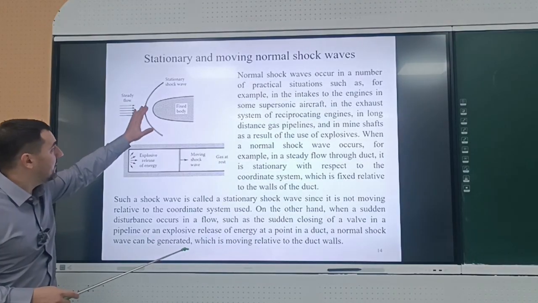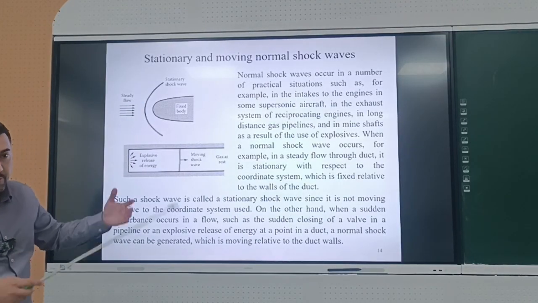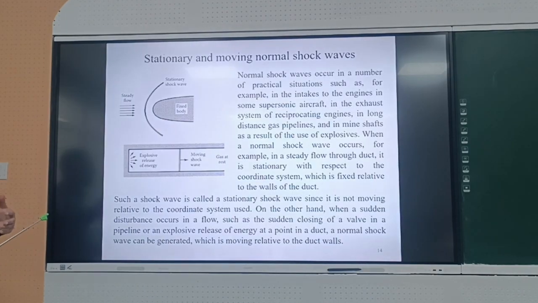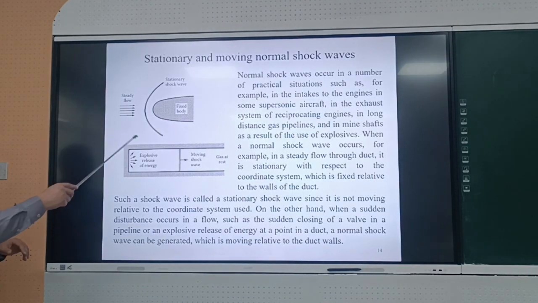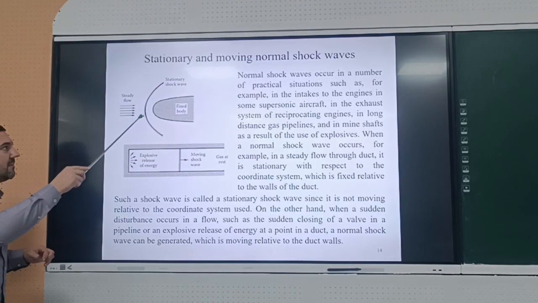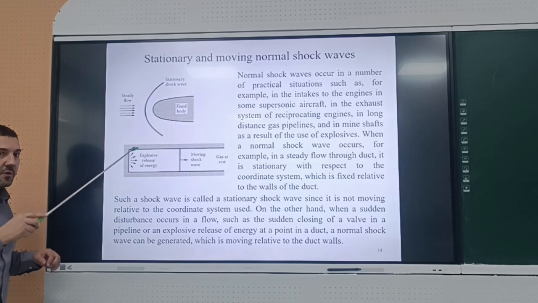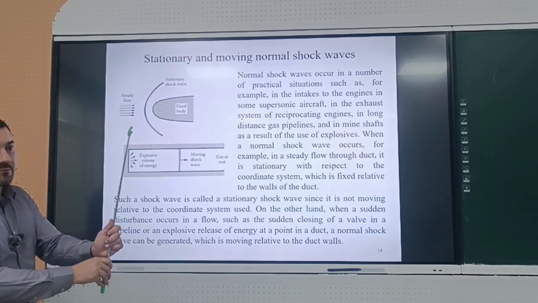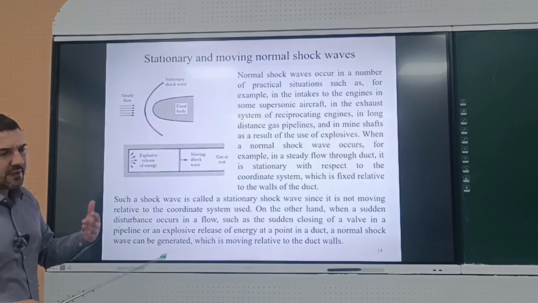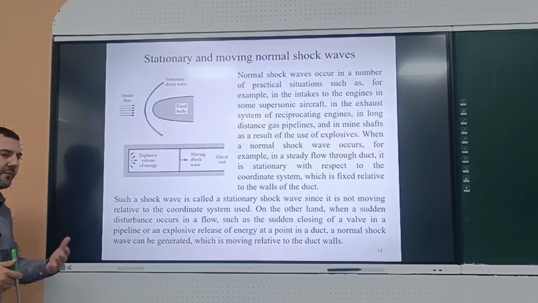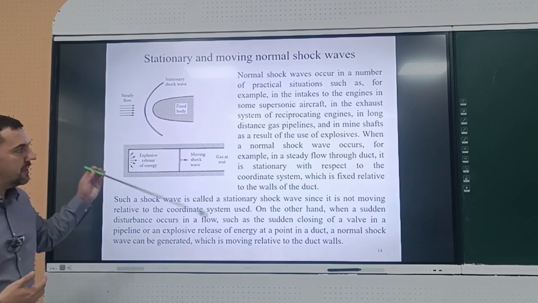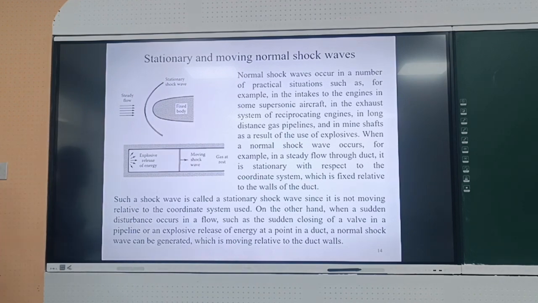These two shock waves are actually the same objects, described by the same equations. But usually in this case, we transfer to the frame attached to the stationary shock, and we believe that the shock is stationary. Here we consider the moving shock wave, so you should be careful when you read books and realize which situation they consider.